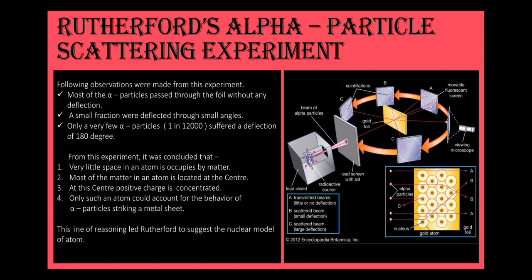In this experiment he used a piece of radium as the source of alpha particles, as a radioactive emission, and this experiment is called the alpha particle scattering experiment.